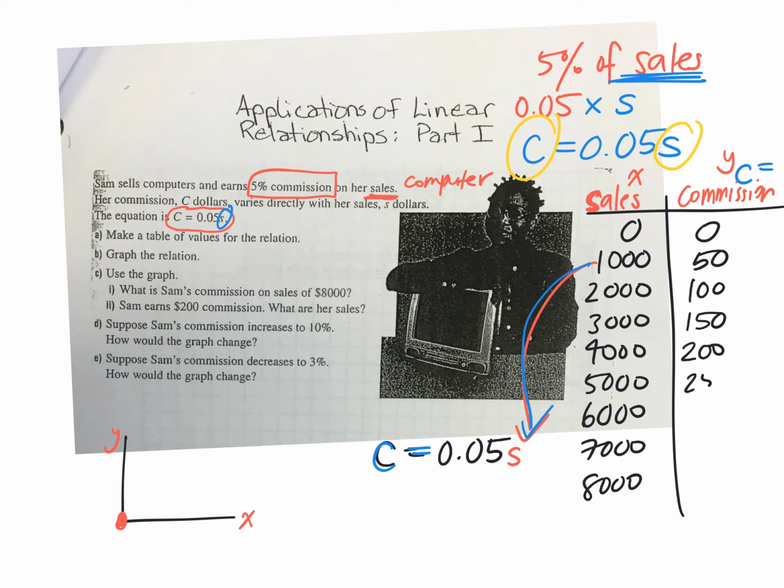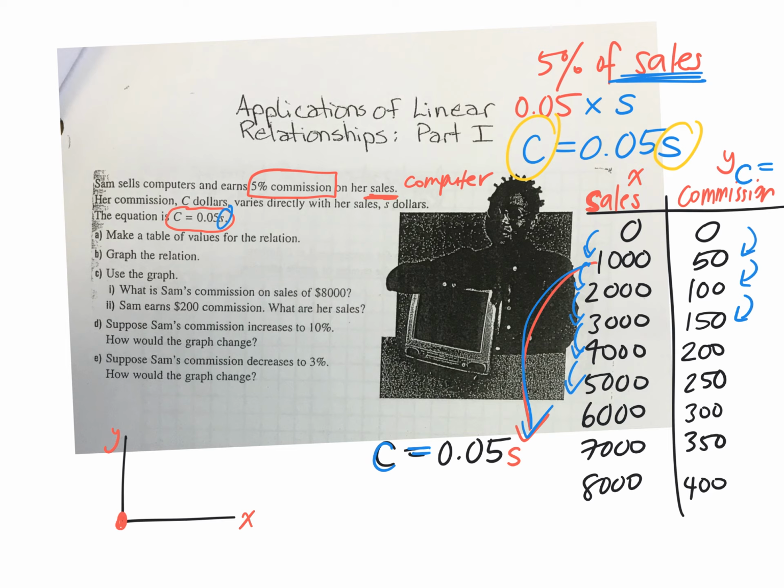What do you notice is happening every time we increase the sales by 1,000? You get $50 more, excellent. It's going up $50 for every $1,000 in sales. So if you notice the pattern, you didn't even have to use a calculator. You can just fill in the table. So what is my rise?